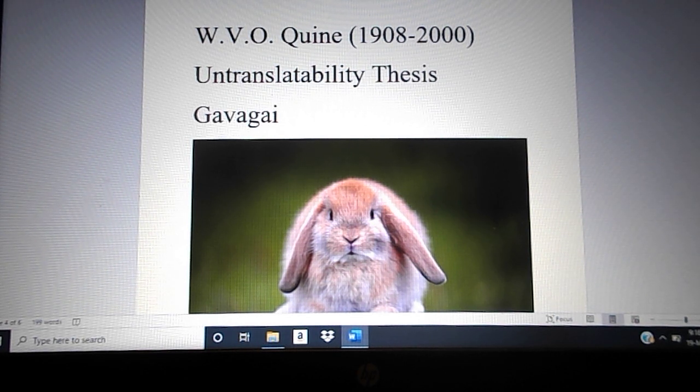Maybe they only think in terms of parts or pieces within that culture. And so maybe "gavagai" means nose or ears or tail. They don't necessarily have to think the same way that we do. Right? For all we know, "gavagai" could mean lunch, and he's planning to go catch it and cook it. We just don't know.